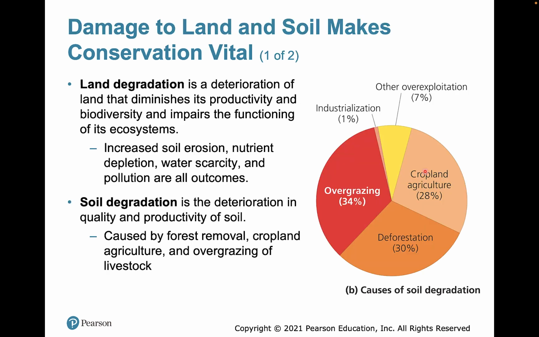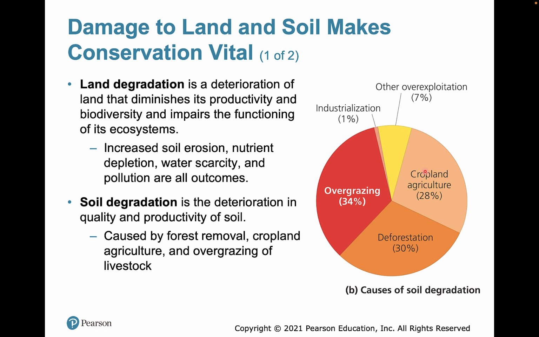So land degradation is when land is deteriorated to the point that productivity and biodiversity are diminished and the ecosystems don't function. So what are some indications of that? Increased soil erosion, nutrient depletion, water scarcity, and pollution are all results of that.